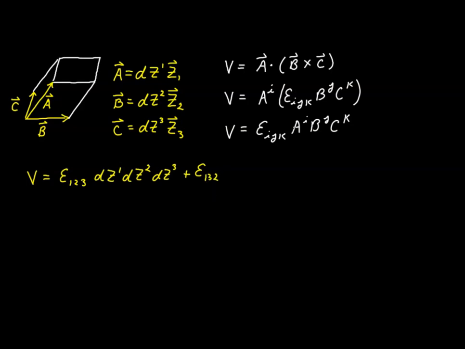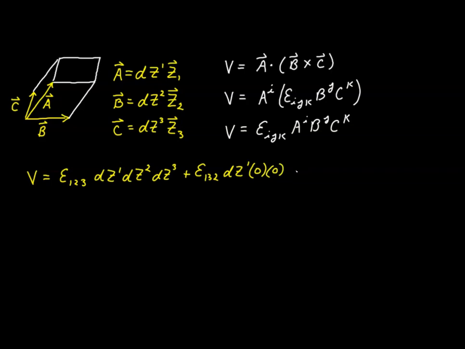Now here we're going to have the A1, which again is dz1. And now we'll have the third component of B, this is B3, but the vector B only has component 2. Because it's pointed in the direction of basis vector 2, it has no component 1 and no component 3. Those are both equal to 0. So B3 is equal to 0 here. And likewise, the second component of vector C is 0 because it's only got a component pointing in direction 3 here.